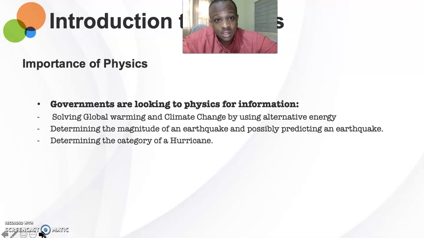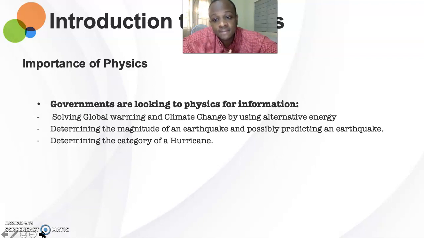As you know, the more we use gas, the more we use oil as our source of power, the more gases. We'll learn about this later down in the course, but I'm just introducing it to you that the more we use oil, the more gases are released in the atmosphere, which cause global warming. Right, and this can only be solved by using alternative energy.